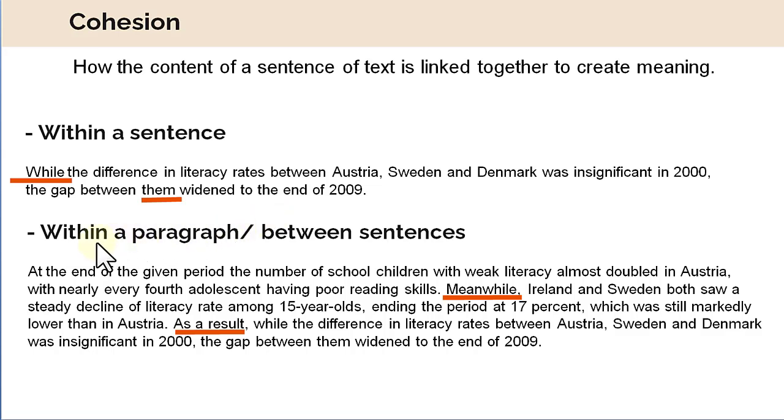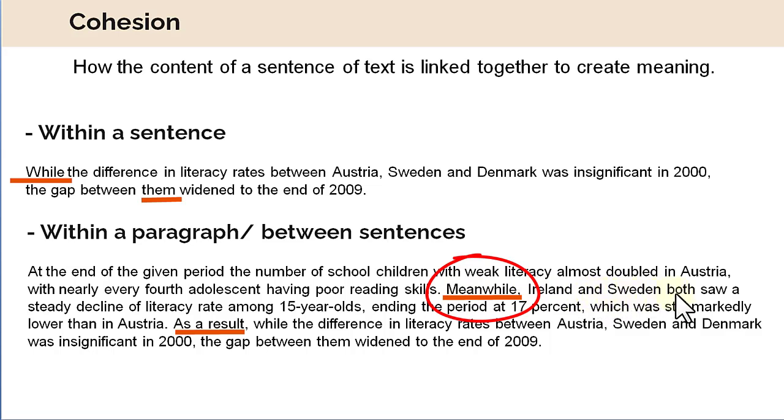So here we have an example of cohesion within a paragraph or between sentences. At the end of the given period, the number of school children with weak literacy almost doubled in Austria, with nearly every fourth adolescent having poor reading skills. Meanwhile, we want to show the opposite trend.